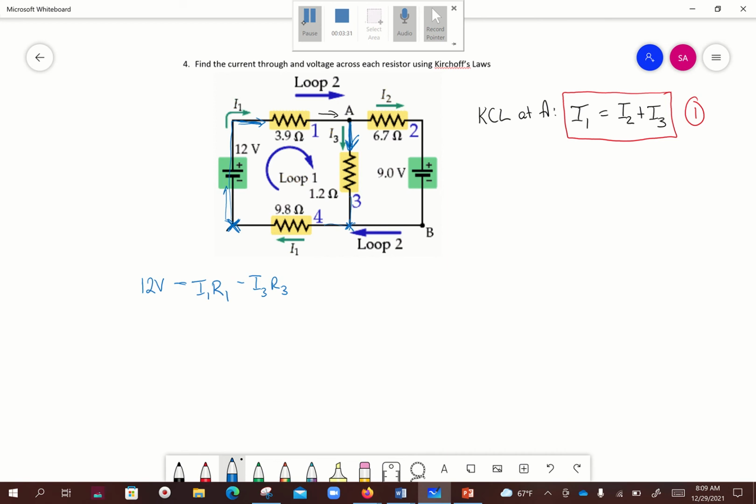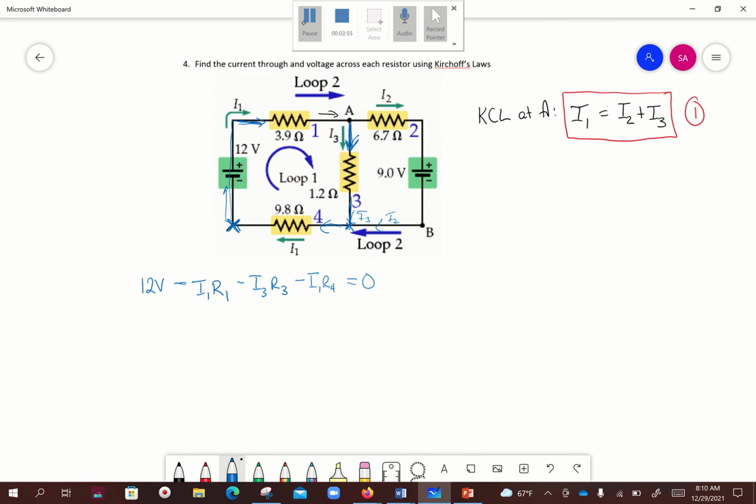And now I have I3 coming down the center arm. I2 is coming back from the right-hand arm. They're going to combine together to give me back my original current. So I'm going through resistor 4 in the same direction as I1. So again, that's negative. So minus I1 R4. And that has to be equal to 0.